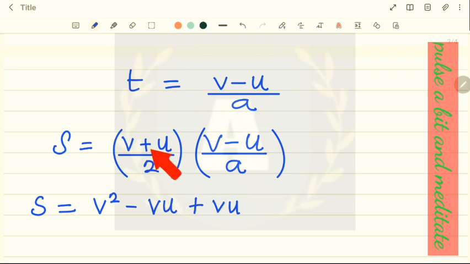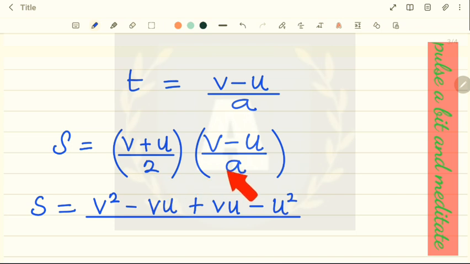Then plus U multiplied by minus U, plus times minus is minus, that is minus U squared. Then all over the denominator, 2 multiply by A, that is 2A.